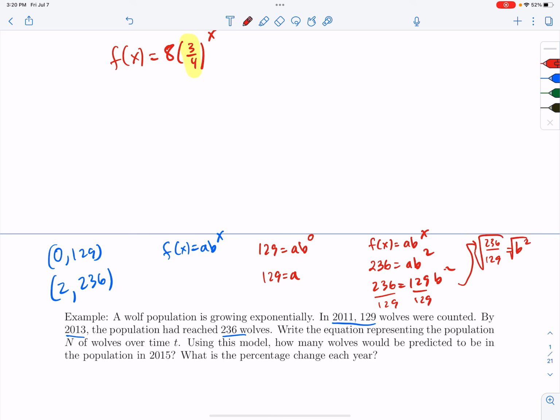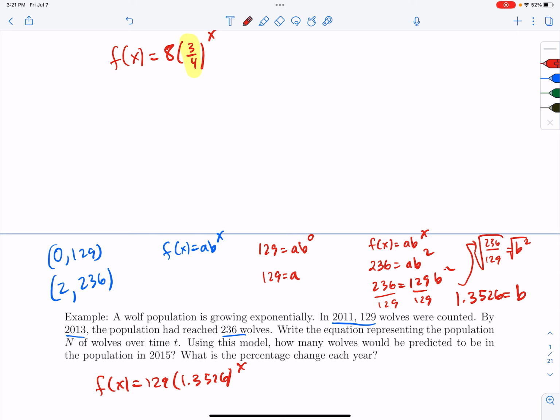Then we square root both sides, so I get a b value of about 1.3526. So the function is f of x equals 129 times 1.3526 raised to the x. There's our model.